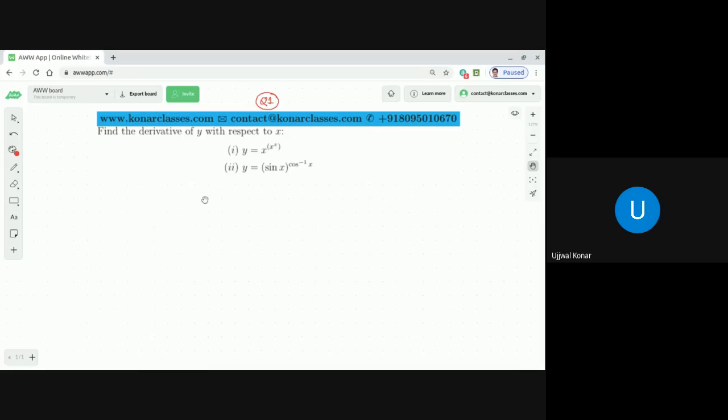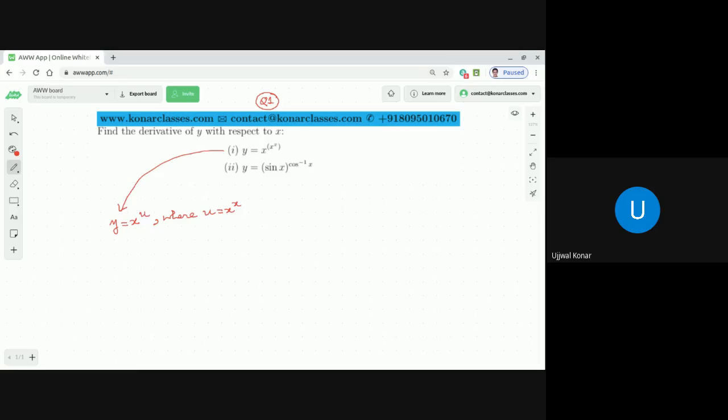Sir, I took x to the power x as u, then y equal to x to the power u, and then on taking log on both sides, I solved it. Good, appreciate. So here u is equal to x power x. All of you please look into it. Some of you started this, but how to end it? Again, ask me questions.